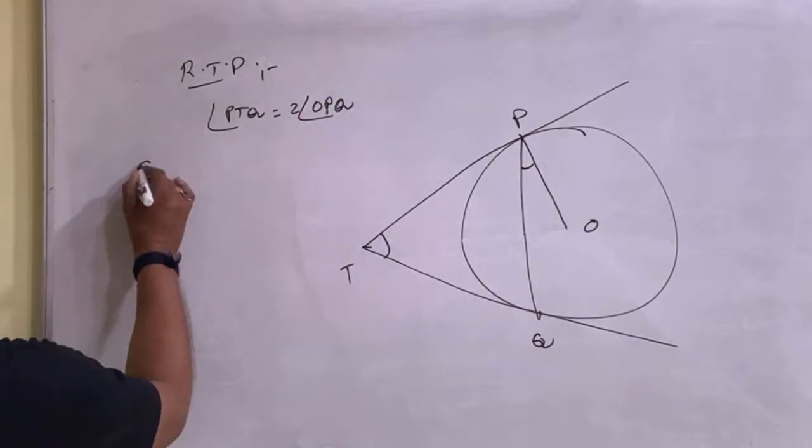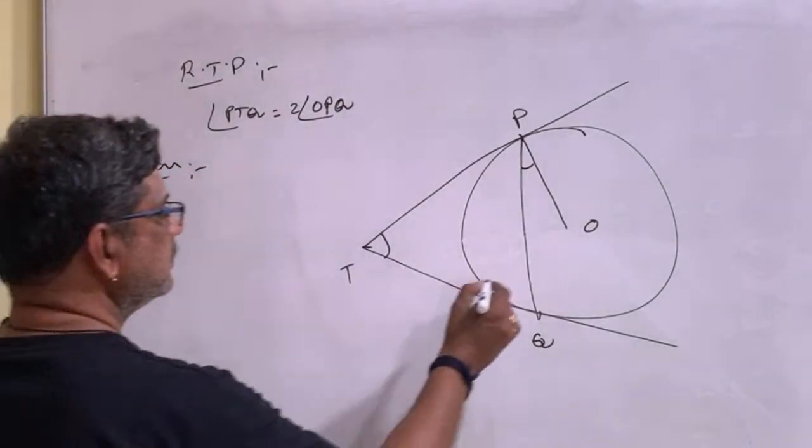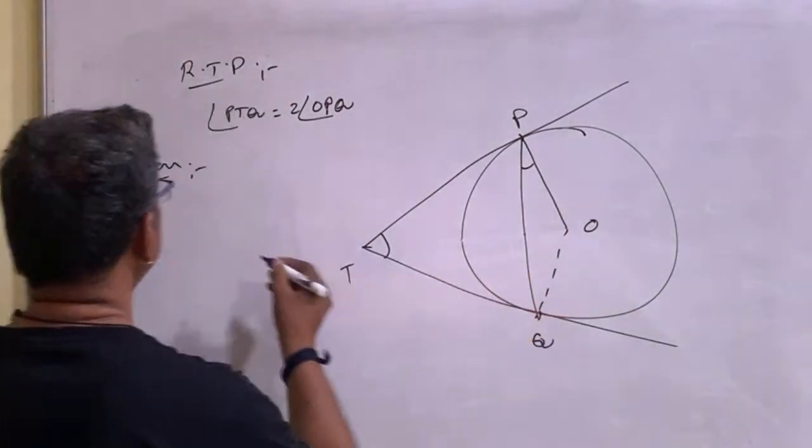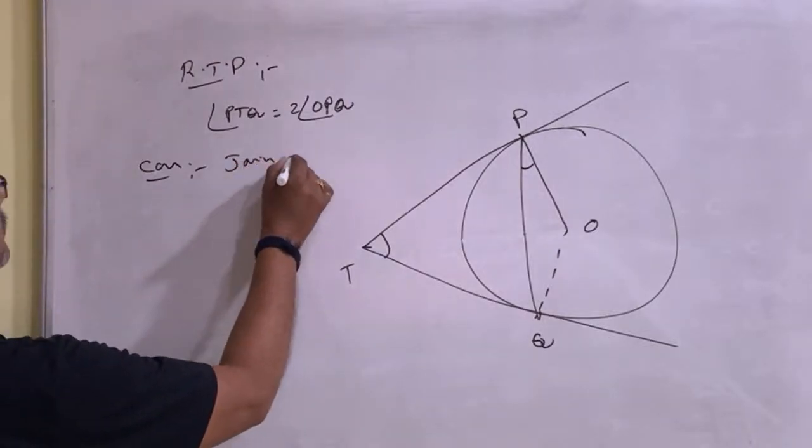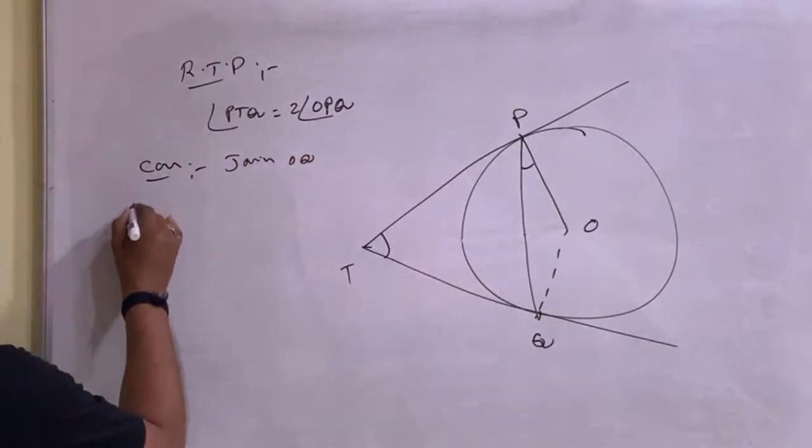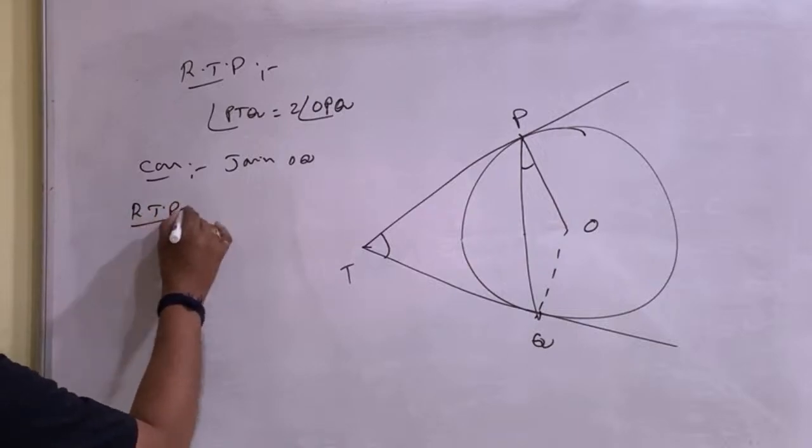For this we need to do some construction. What is that? Join OQ. Now, required to prove.